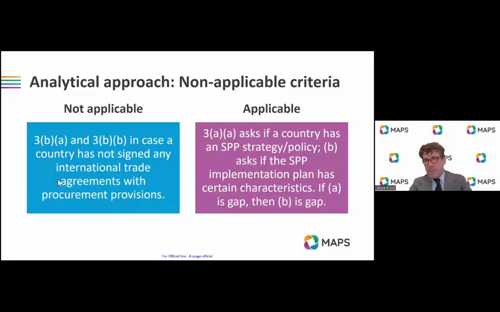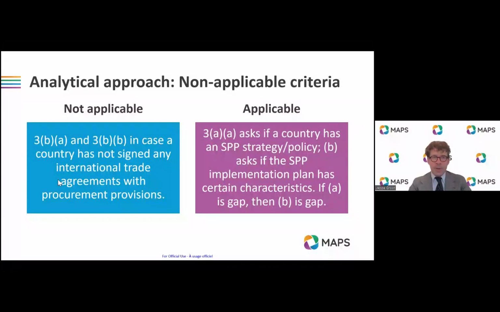And for some sub-indicators, this is correct, but for others, it is not. And we have now made this explicit so that a number of sub-indicators are non-applicable if the situation in an assessed jurisdiction is in a particular way. And this is now explicitly mentioned for those sub-indicators and assessment criteria.